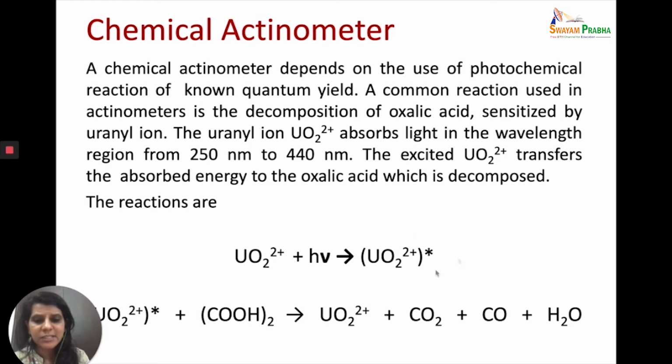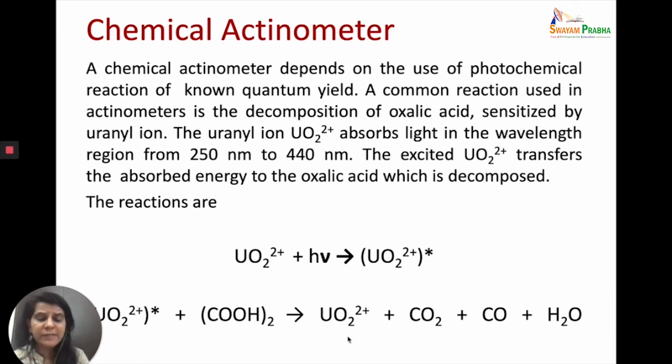This excited uranyl ion will then transfer its energy to the oxalic acid. This process is called sensitization. Now oxalic acid will then get decomposed because it has become excited by receiving energy from uranyl ion, and gets decomposed to give you carbon dioxide, carbon monoxide and water, and the uranyl ion has gone from the excited state to the ground state.